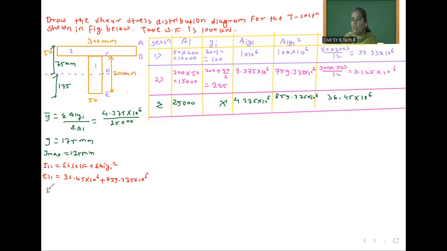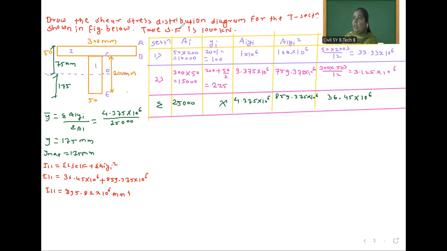So I11 is equal to 895.82 into 10 to the power 6 mm raised to 4.